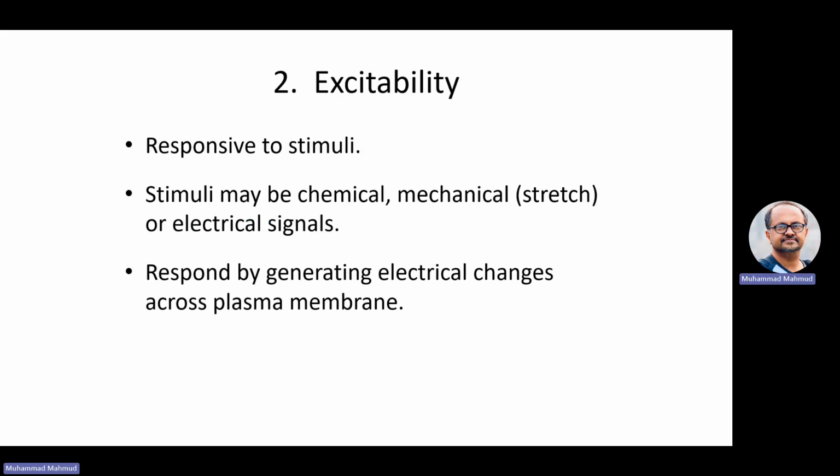Muscles are responsive to stimuli. This is called excitability. Stimuli may be chemical, mechanical, or electrical signals. And muscles respond by generating electrical changes across the plasma membrane.